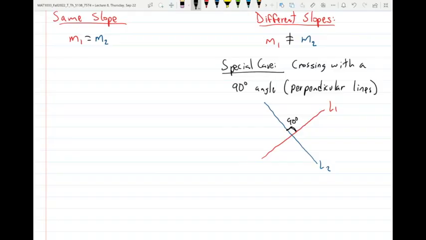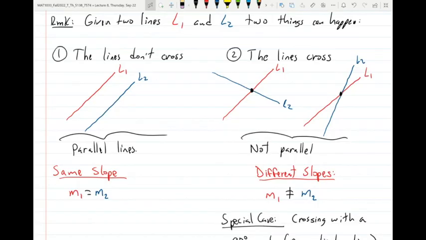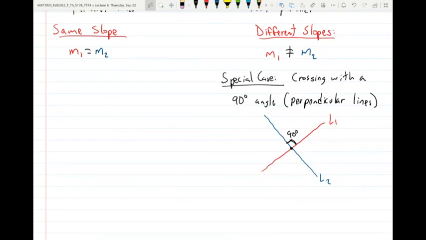Okay? So we want to be able to distinguish here. Yes, we know the slopes are different, but the slopes being different doesn't tell me that they are perpendicular because that also happens in these situations. So how can we tell that we have a 90-degree angle at the point of intersection? I'm going to give you a little theorem. Actually, let's investigate that and then we will write the theorem.